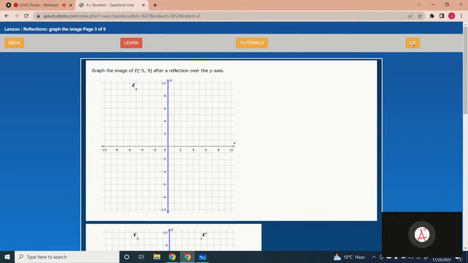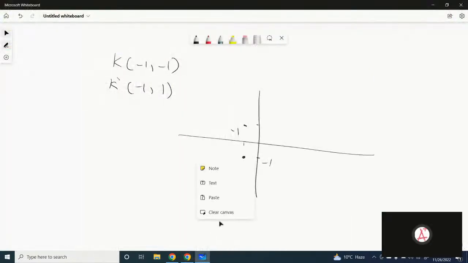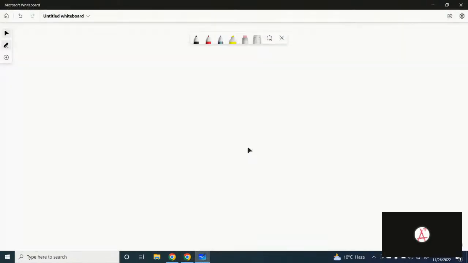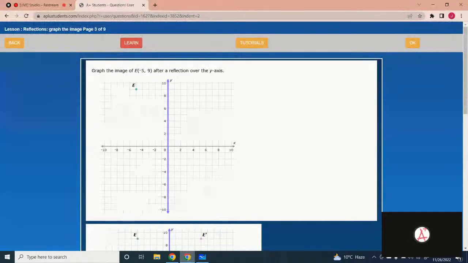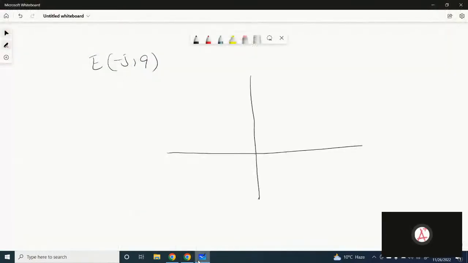Okay, the next one is: graph the image of E (negative 5, 9) after a reflection over the y-axis. Let me just confirm: the point is negative 5 and 9.